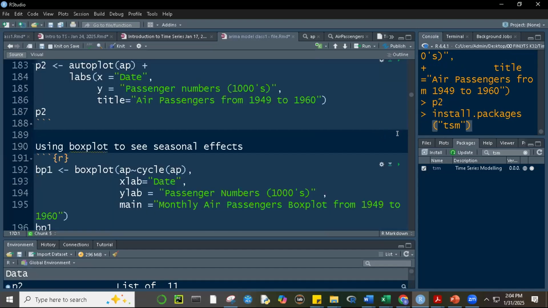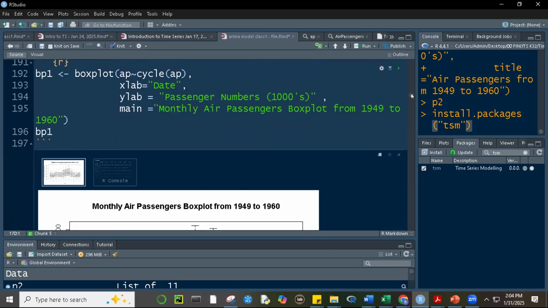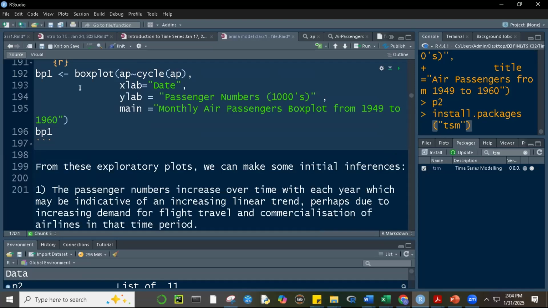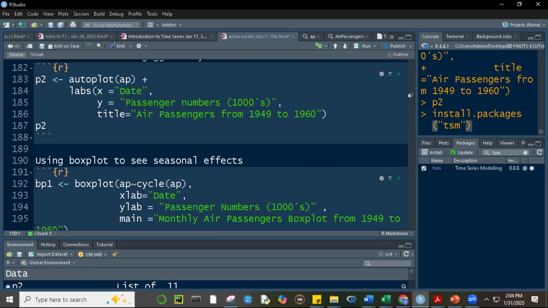Okay, so now let's take a look at this. We're going to ask R to create a box plot. If you recall from your basic stat, a box plot consists of a box with whiskers. You have your minimum, maximum, first quartile, second quartile, third quartile, and some outliers, if any.